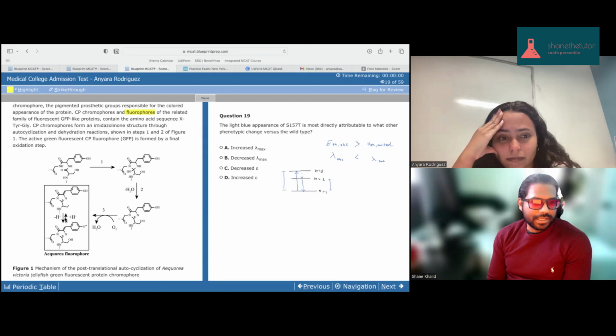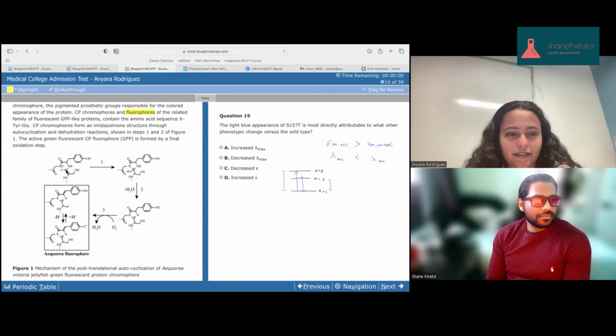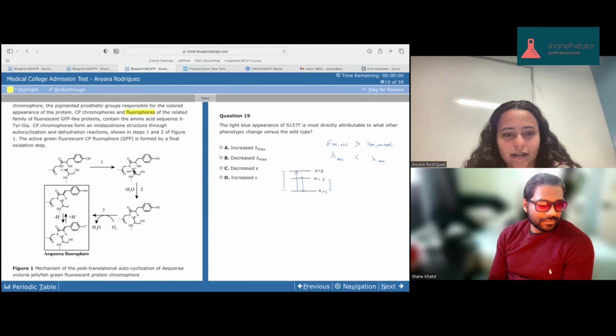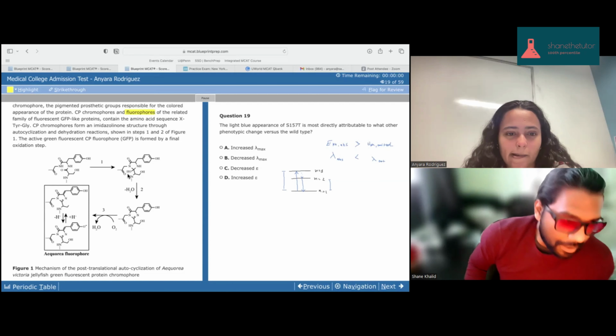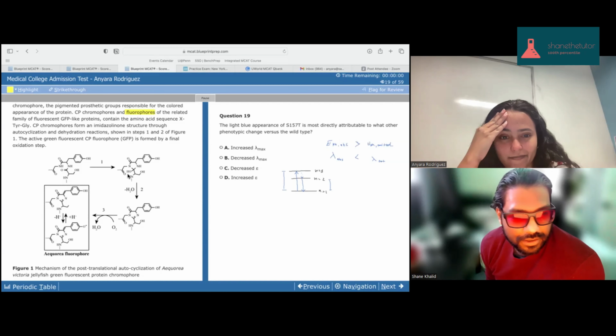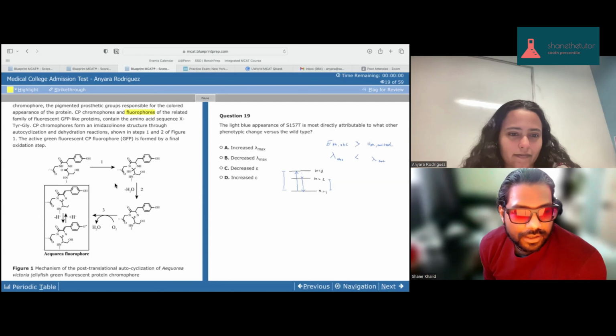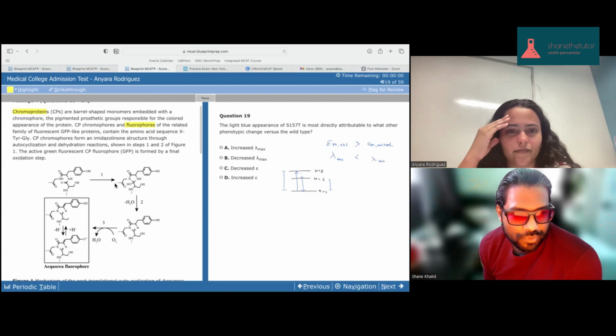What's happening in step 1 here? So this carbonyl is getting reduced into just an alcohol group. Anything else? From the passage, they tell us what happens in steps 1 and 2.